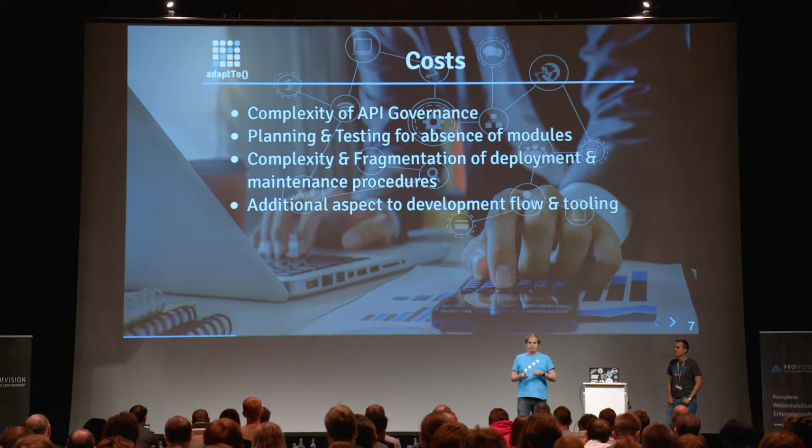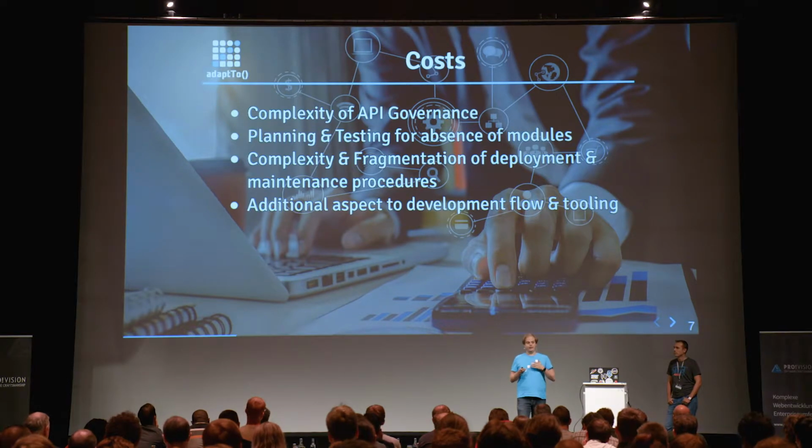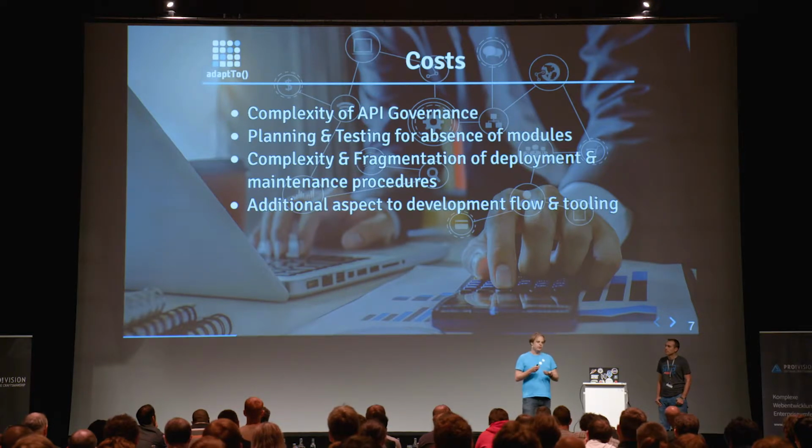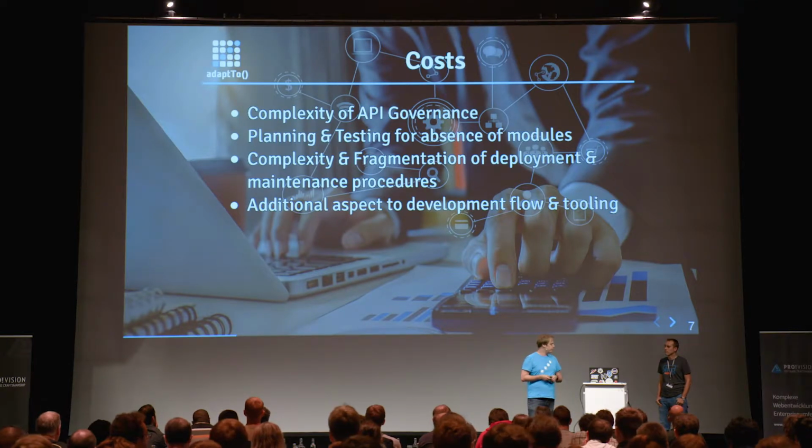This is not just the positive sides on the footprint side, but also that some stuff might be expecting some code to be in a no-op mode. If you take away that module and the code is not present, you don't have this. So you have to plan for that and develop corresponding code that takes care of that. And we'll get to that with the patterns in a bit.